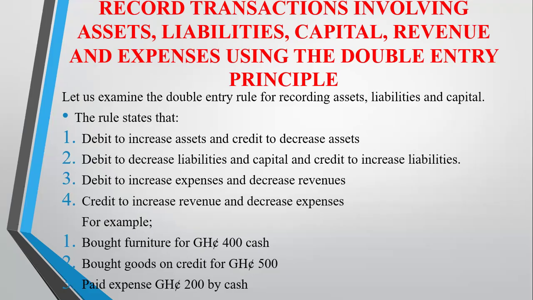So anytime there is sales, we credit our sales account to show an increase in what? Revenue. To show an increase in revenue. So anytime there is sales, we open the sales account to credit it, and this indicates that there is increase in revenue.